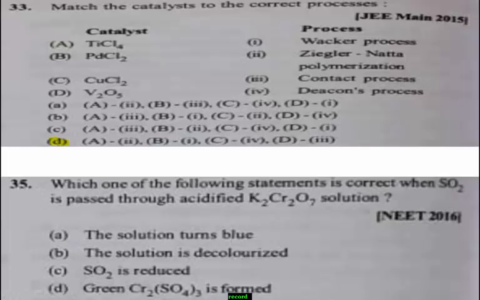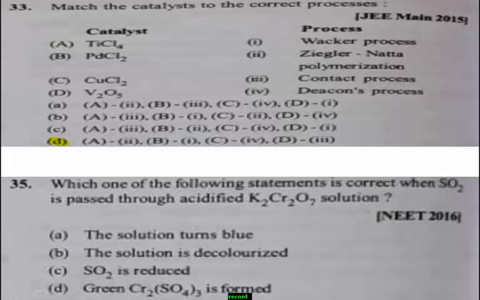Yes. Therefore, I write the reaction like this, you also write this: K2Cr2O7 plus SO2 plus H2SO4 gives K2SO4, Cr2(SO4)3, which is one of the green color products, and H2O. Remember students, when SO2 is passed through acidified K2Cr2O7 solution, a green color Cr2(SO4)3 is formed.